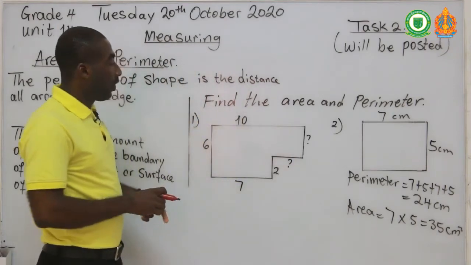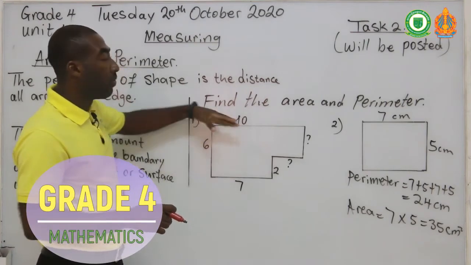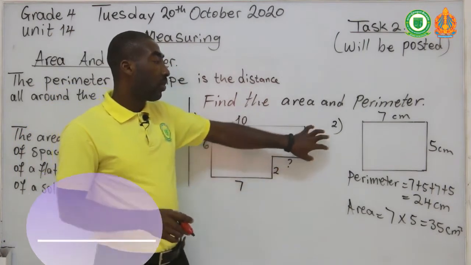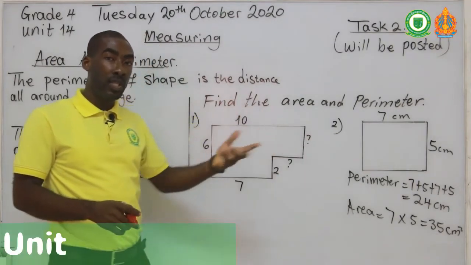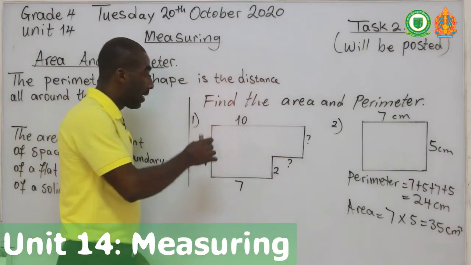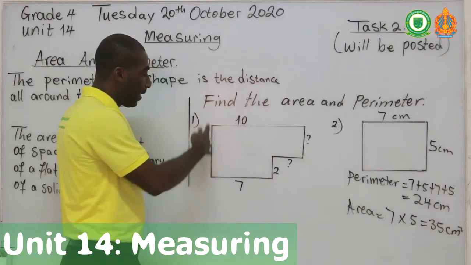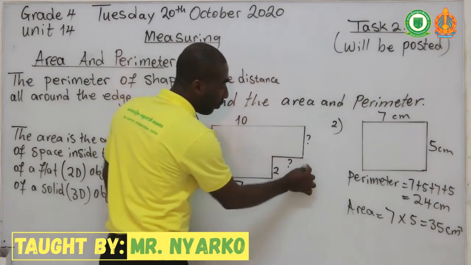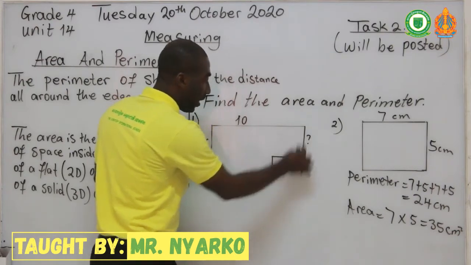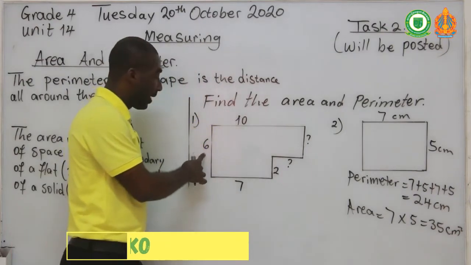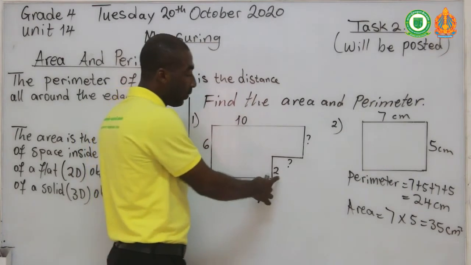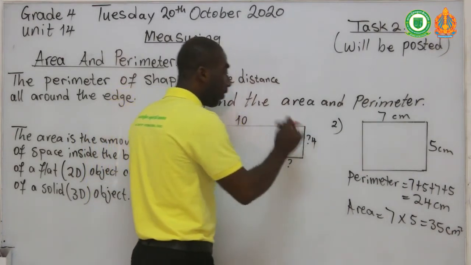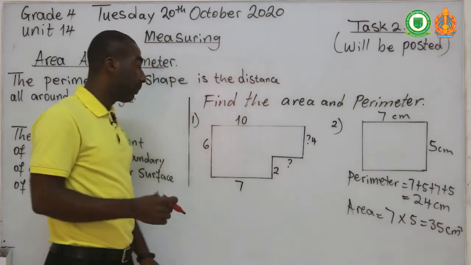But if we look at the opposite side of each, it will help us to find the correct measurements of those areas. So we know that this side is 6. That means if we extend these two to join this one, it should be equal to the length here. So if this place is 2, it means we need to have 4 here, right?